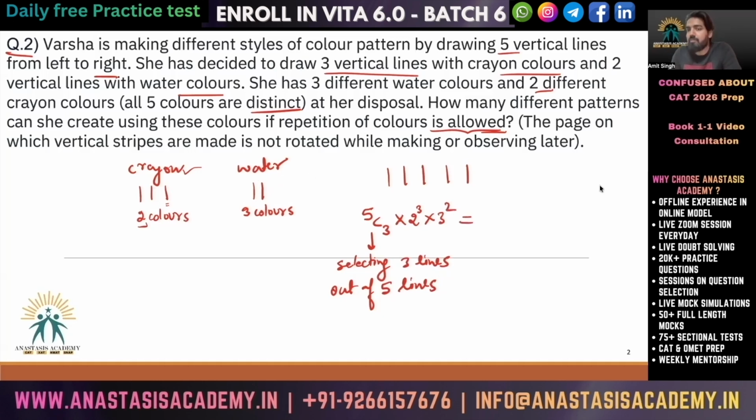So the total number of ways in which this can be done would be 5C3, which is equal to 5C2, and 5C2 is 5 times 4 by 2, that is 10, into 2 raised to the power 3, which is 8, into 3 raised to the power 2, which is 9. So it would be 72 into 10, or 720. So how many total different patterns can she create? The answer has to be 720.